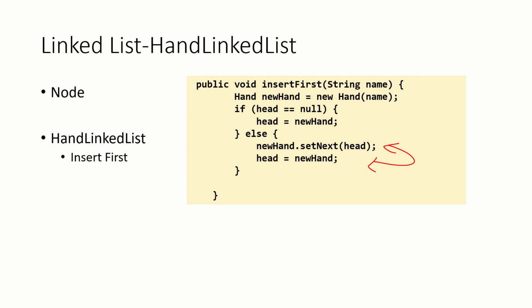The next step, new hand sits next to the head. Who is the head? New one. So new one's next is new one. So basically, they didn't link them together. Right? That makes sense? Okay, so make sure you need to understand the order. Okay?